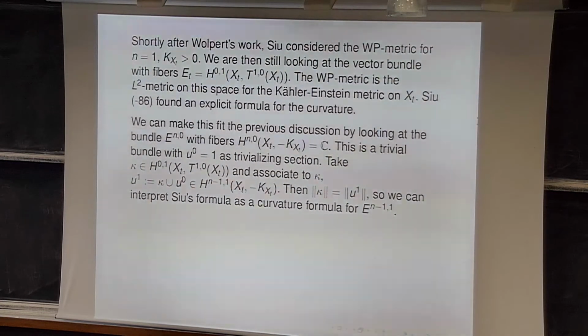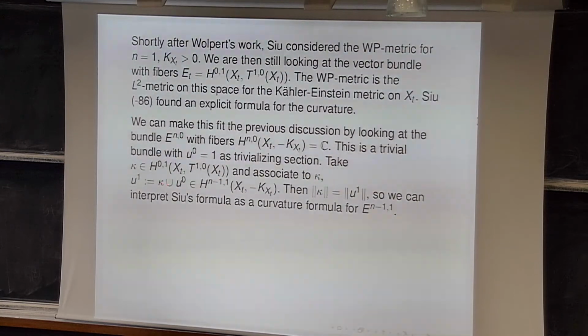But I'm going to use this interesting trivial bundle quite a lot. So H^{n,0} here is just C, and the whole bundle is trivial, and you can take a trivializing section, U0, which is then equal to 1, but it's 1 viewed as an n-form with values in the inverse of the bundle of n-forms. Now I can take this U0 and I let my kappa operate on U0. And then I get a cohomology class in H^{n-1,1}.